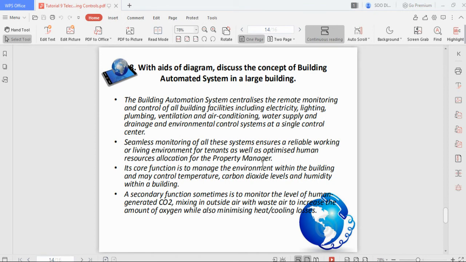But if there's no danger, if there's some imbalance of the temperature, then they should be there to adjust to make sure that the temperature is good. If the water supply gets cut off, then they are required to send notice to everyone or find ways to ensure that there's a continuous supply of these building services for comfortable usage of the building by the occupants.